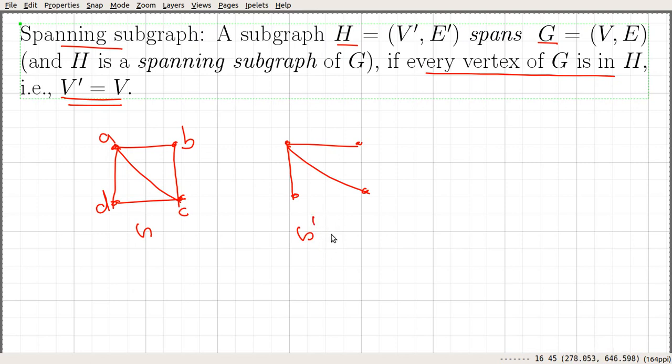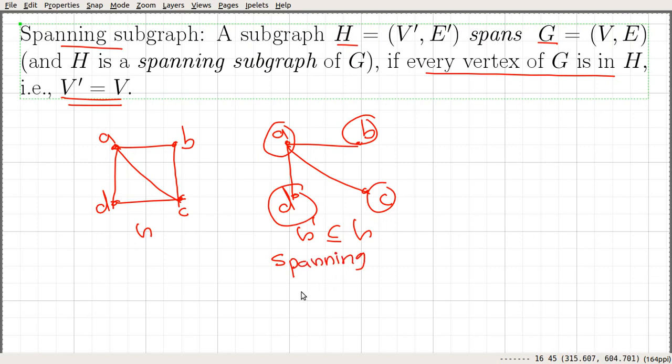Now we can see that G dash is a subgraph of G because all the vertices here are a subset of the vertices of G, and all the edges are a subset of the edges of G. AB is here, AC is here, and AD is here. Here again we can see that the vertex set is the same as that of G. So this is an example of what is called a spanning subgraph.